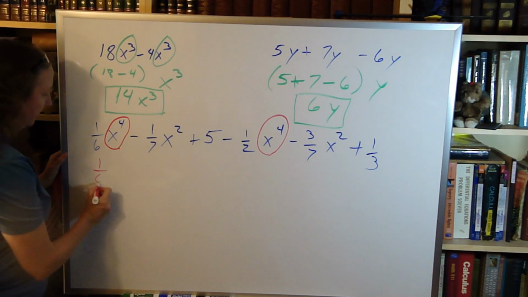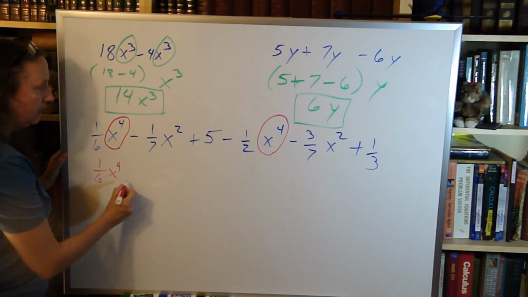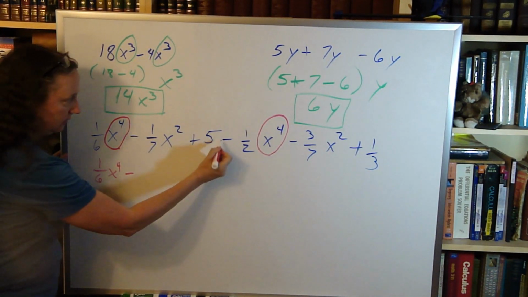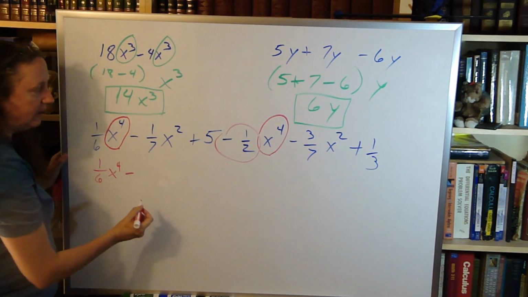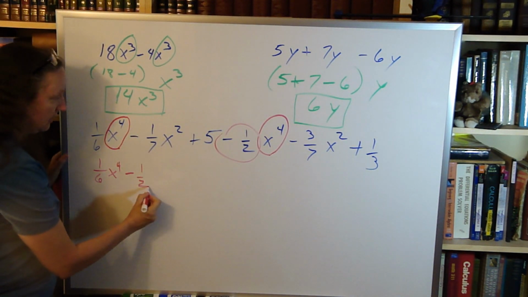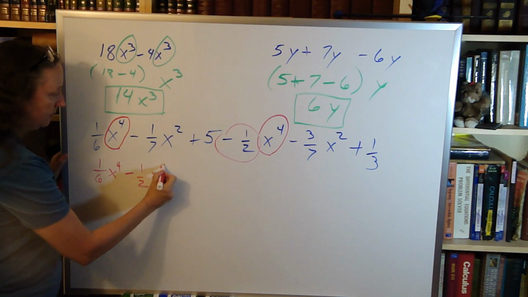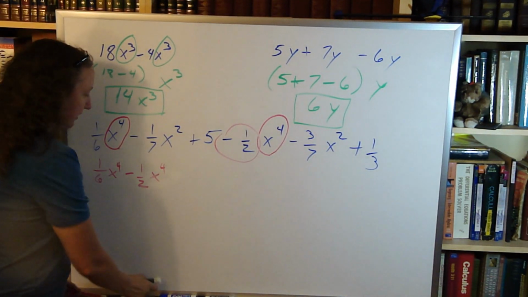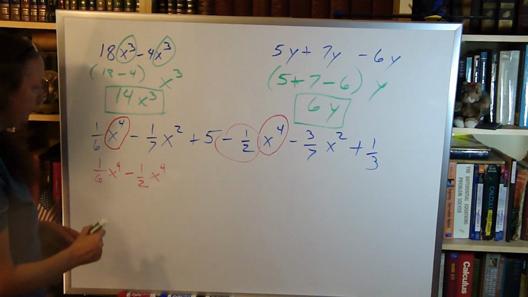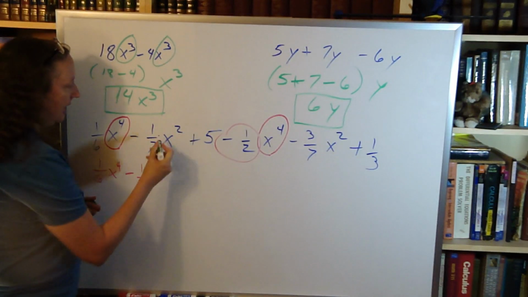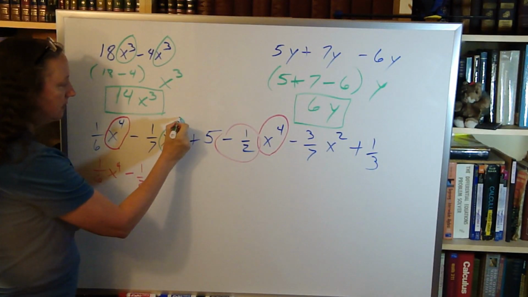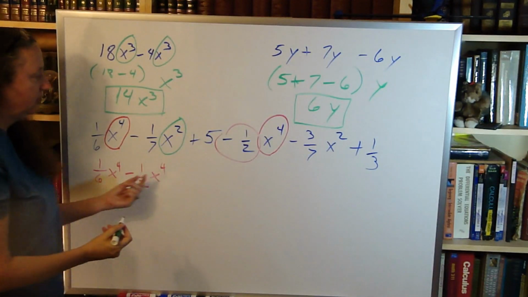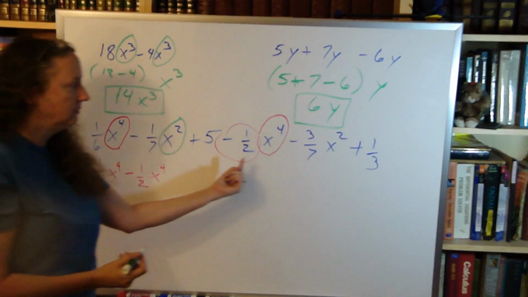I have 1/6 x to the 4 minus 1/2 x to the 4. Moving to my next term, I see x squared. So I'm going to look for x squared. No x at all.